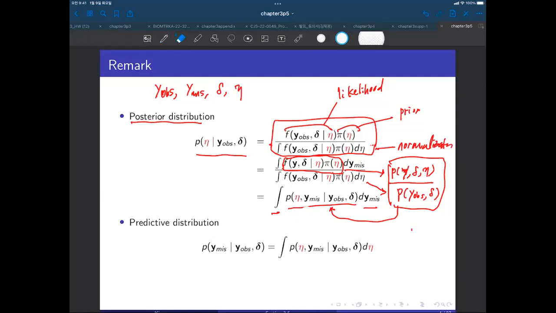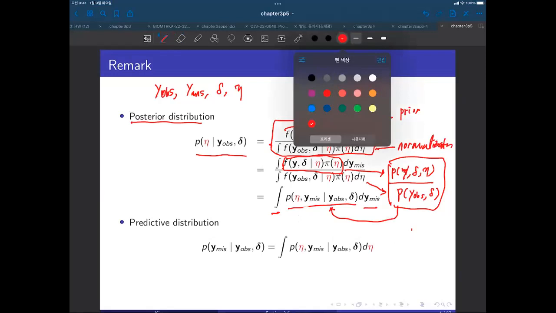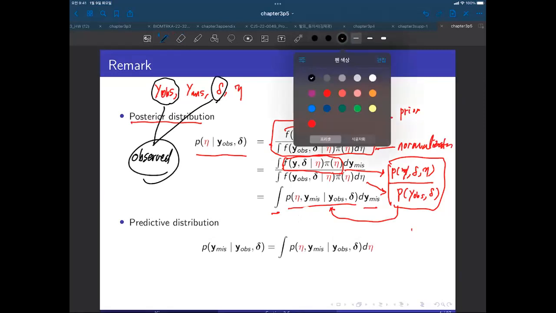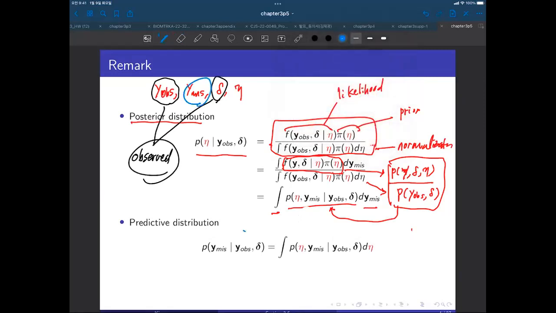I guess a better way is to first investigate what these actually mean. So here we have four of them. These two are always observed, and the other two are missing or just unknown.